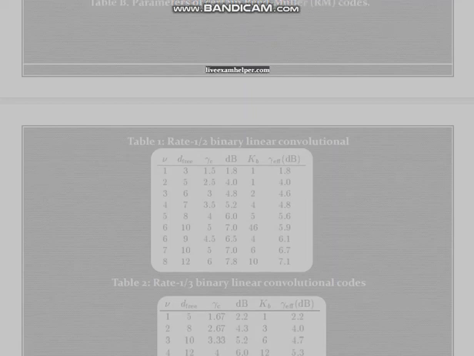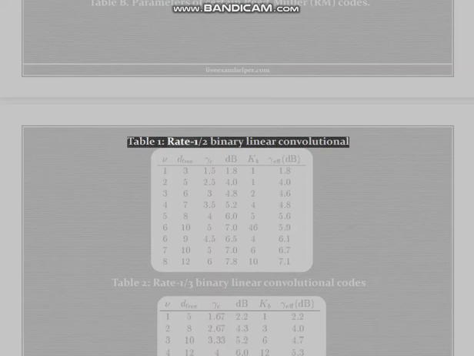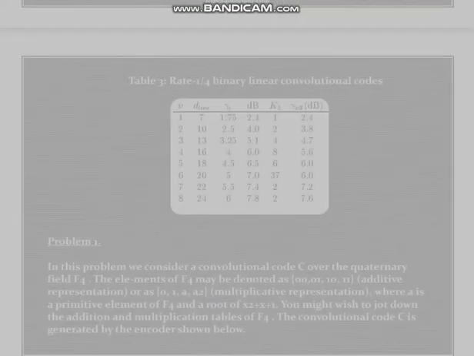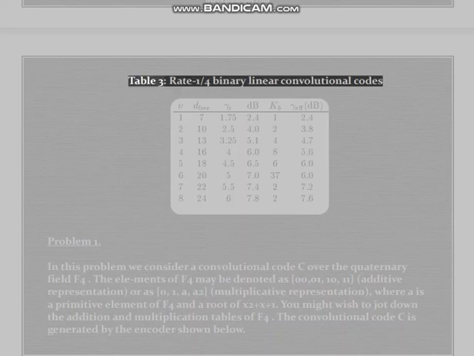Table 1, rate 1/2 binary linear convolutional codes. Table 2, rate 1/3 binary linear convolutional codes. Table 3, rate 1/4 binary linear convolutional codes.